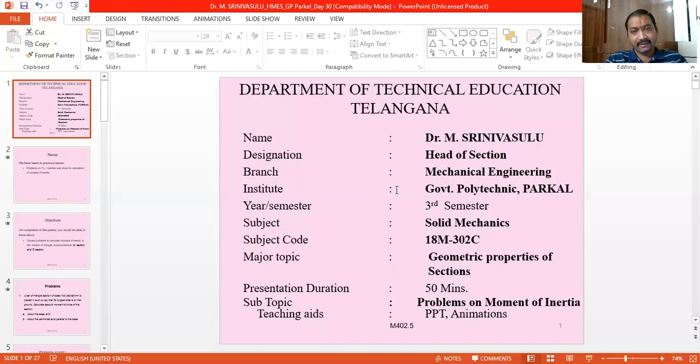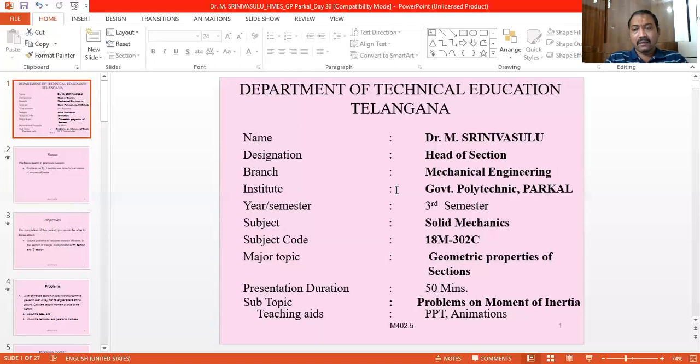So if we want to find the polar moment of inertia, that is Izz, then firstly you have to find out Ixx and Iyy, then add Ixx and Iyy to get Izz, the polar moment of inertia of that figure. In this way, you can find out the moment of inertia of any figure.